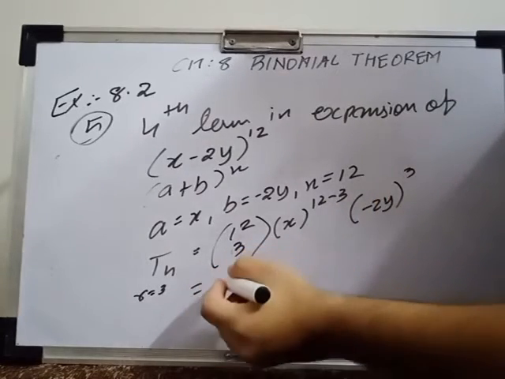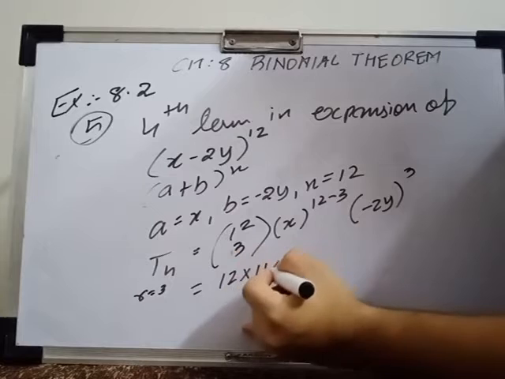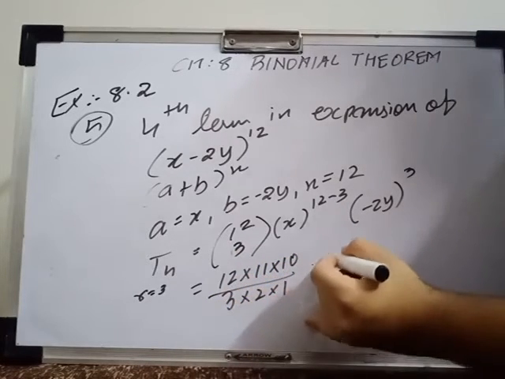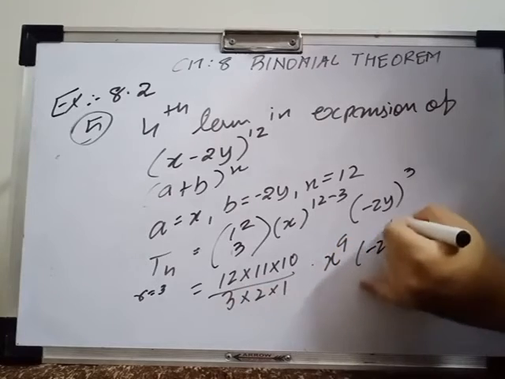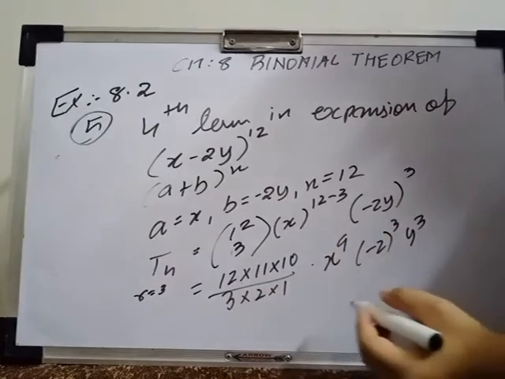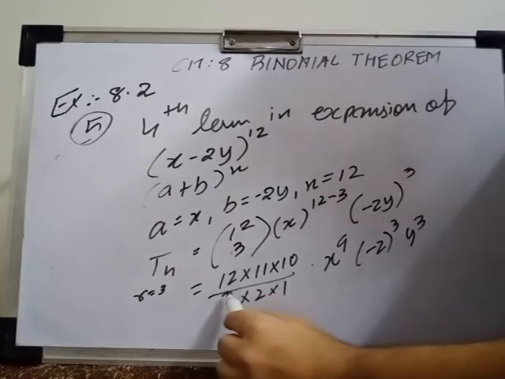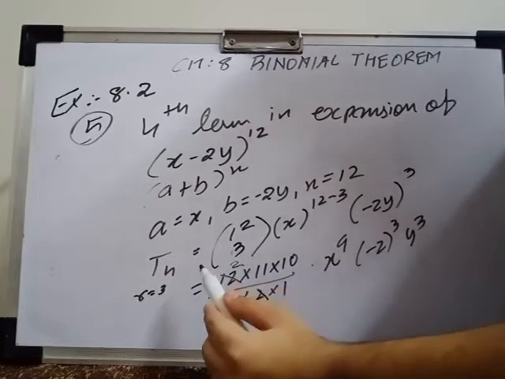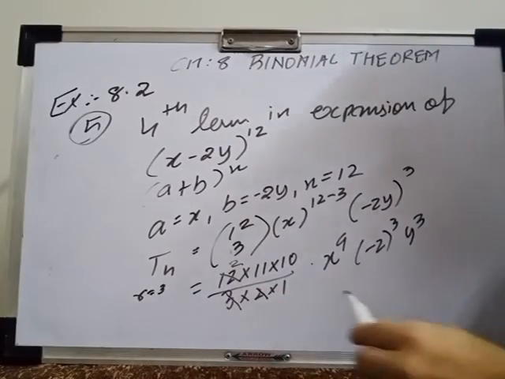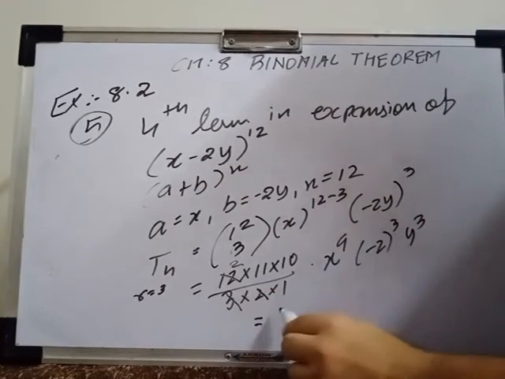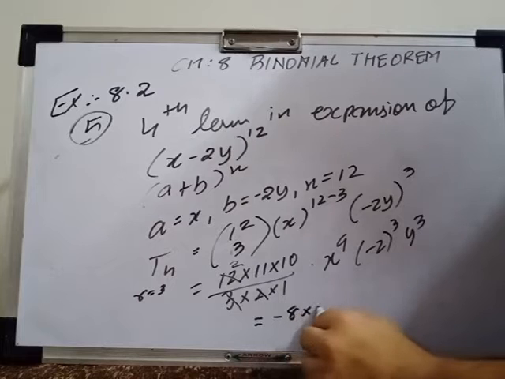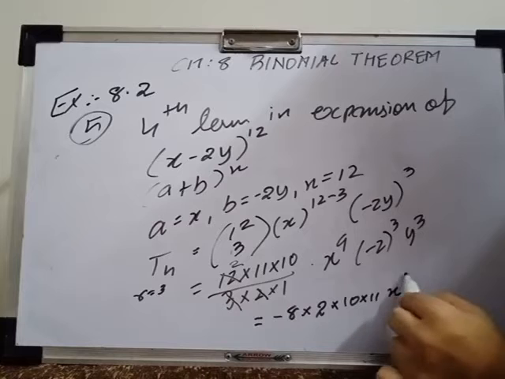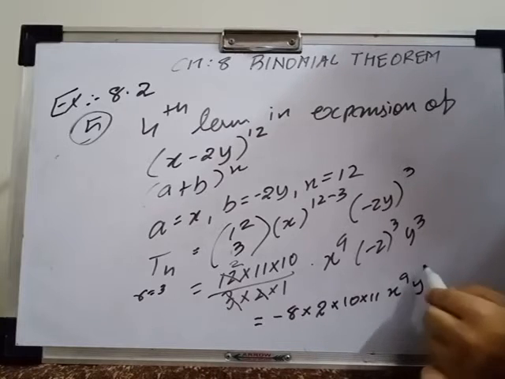So 12 combination 3 is 12 into 11 into 10 upon 3 into 2 into 1, x raised to 9, minus 2 raised to 3, y raised to 3. So 3 2s are 6, 6 2s are 12. Right. So it is minus 8 into 2 into 10 into 11, x raised to 9, y raised to 3.